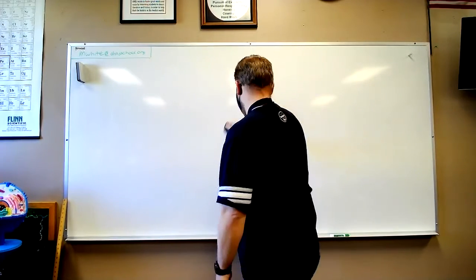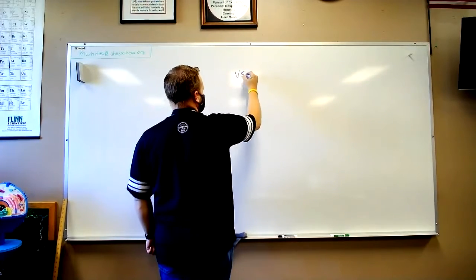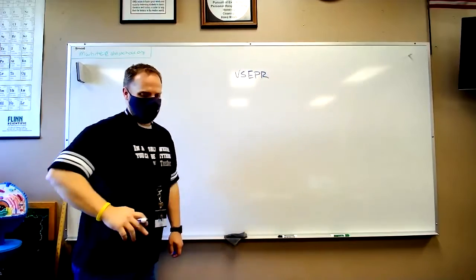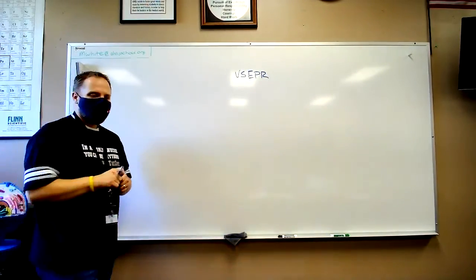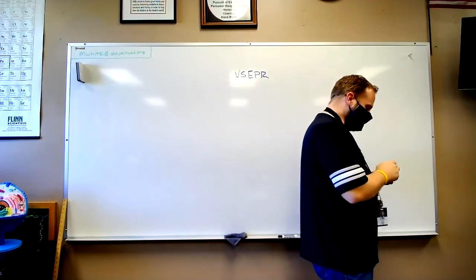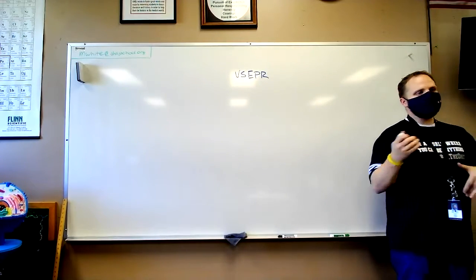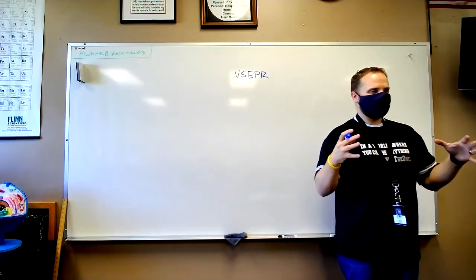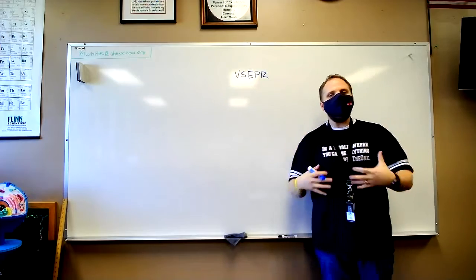We have something called the valence shell electron pair repulsion theory. Really what this is saying is that when a molecule arranges itself in 3 dimensions, it is going to spread these electrons out as much as possible because they're all negatively charged.